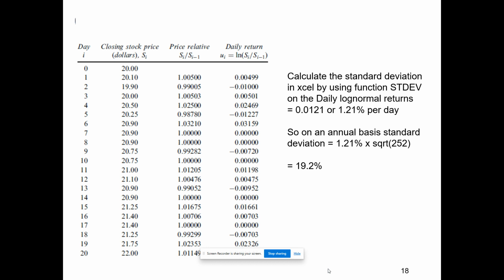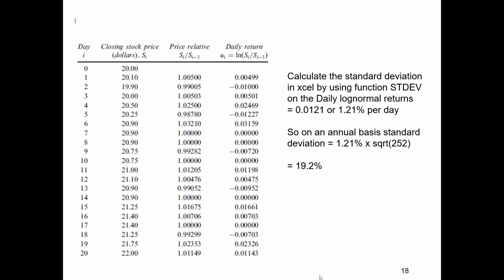calculation for the standard deviation? So this is the example which I've taken from John Hull's book, and you can see these observations for 20 days, and he's got a stock price of some stock which he has used. And what you need to do is calculate ln of Si by Si minus 1, which is the last column. So it is ln of 20.1 divided by 20, which gives you 0.00499.